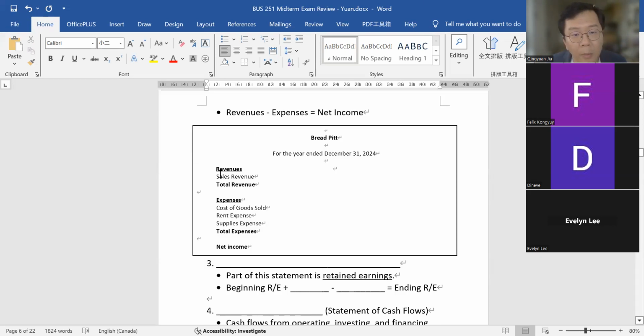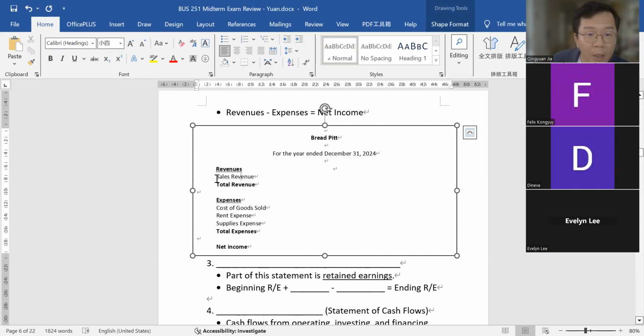So as you can see, when we have to make an income statement, to calculate the net income, we just put all the revenue here. You put the sub accounts of revenue like sales revenue, service revenue, interest revenue here, and you sum it up, and you get the total revenue here.